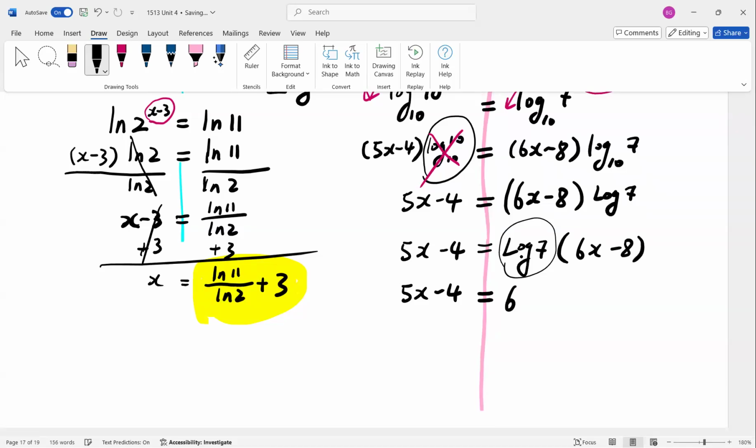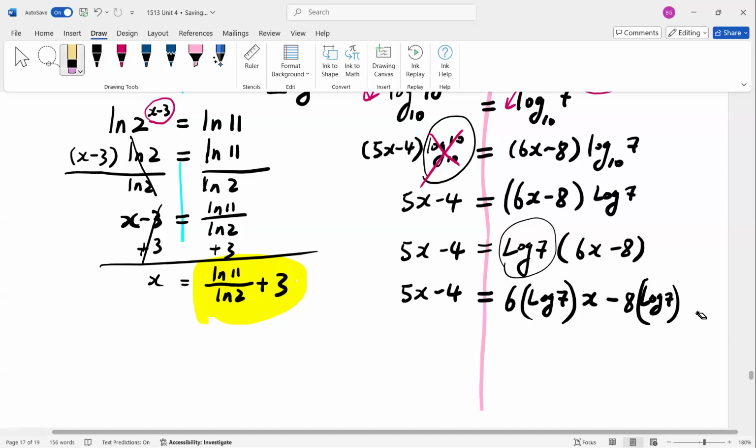I'm going to write 6 in front of log 7 and then times x. And then minus 8 log 7, and then times x. Oh, no x, I'm sorry. No x. So log 7 times 6x minus log 7 times 8. Okay, that's the right side.